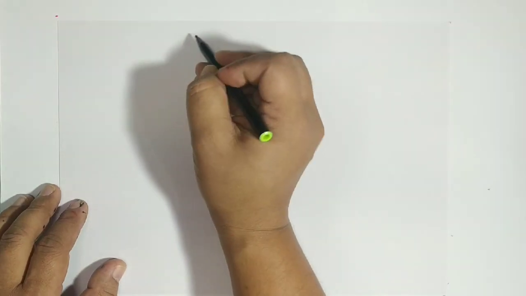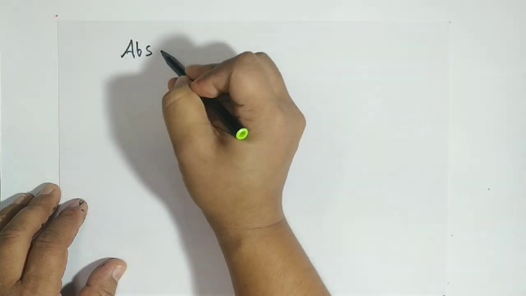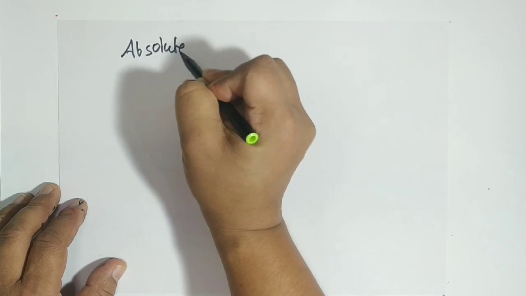Now further, if I talk about errors, there is an error that is known as absolute error.